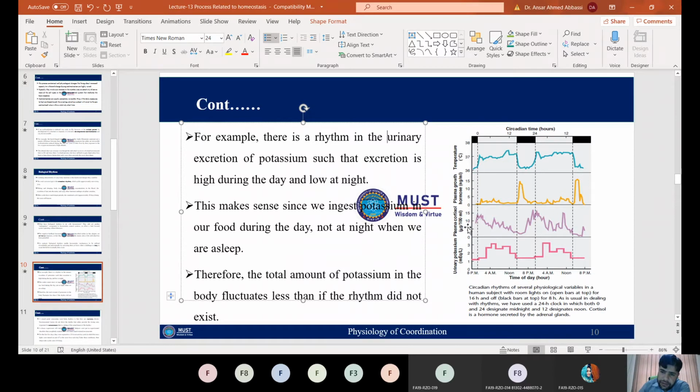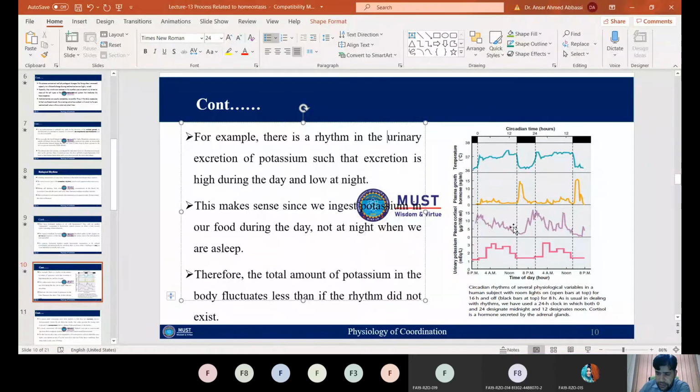Here you can see the concentration of the plasma cortisol during the time when the lights are off, and similarly this time when it is noon, and this time when it is midnight.